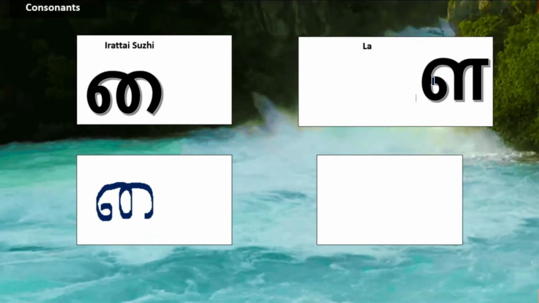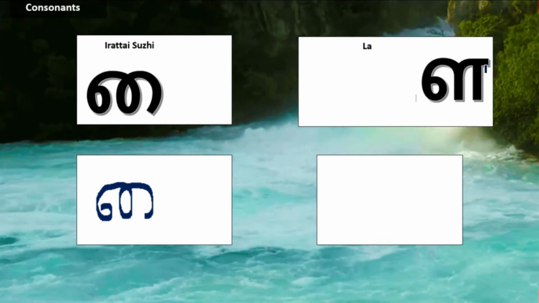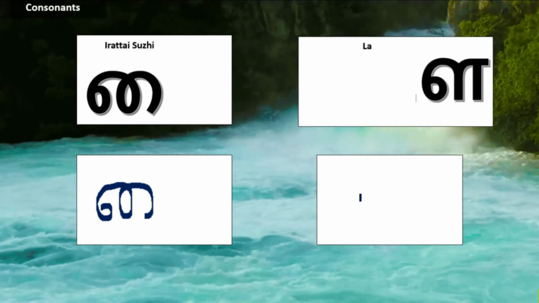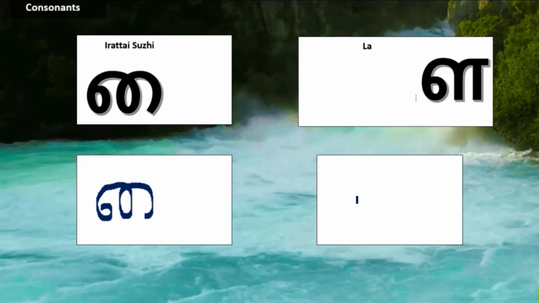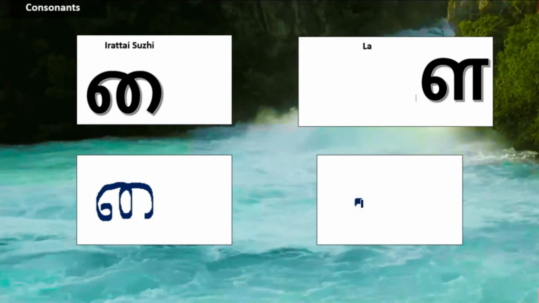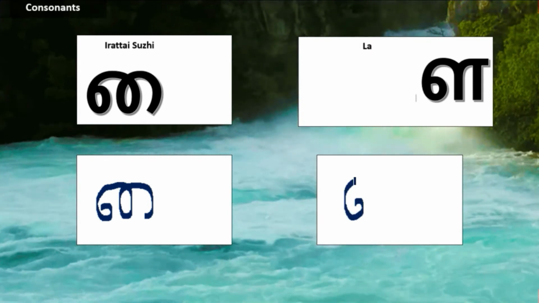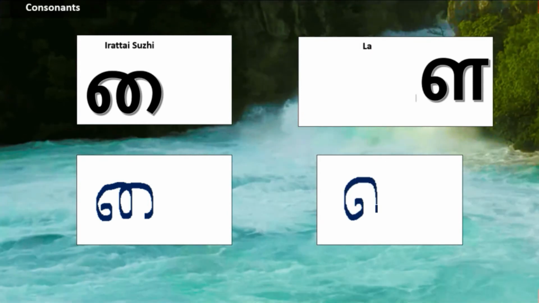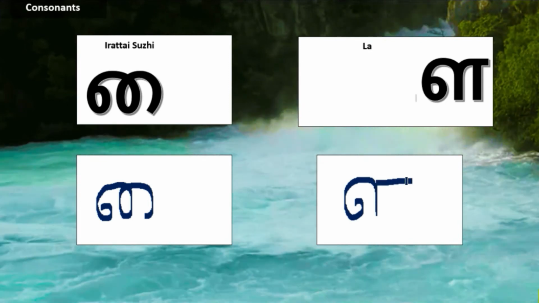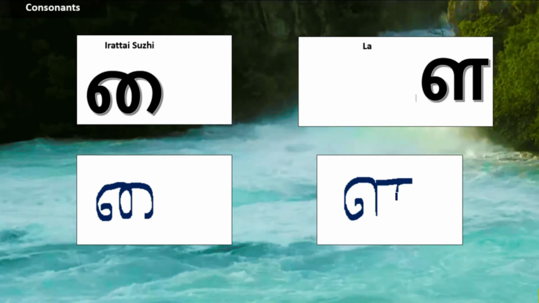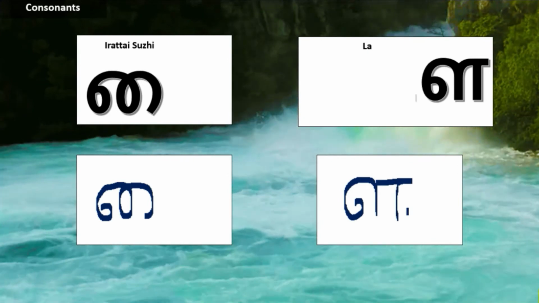Then for la, this is a consonant and it is used here to serve some other purpose. We start with a small circle, a circular arc going upwards, then a vertical line downwards, then from the top another horizontal line, then a vertical line. So this is la.